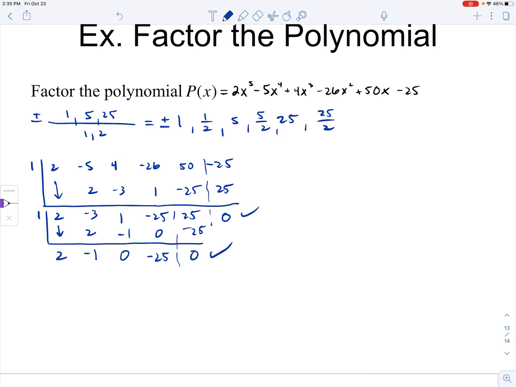And what do you know? 1 works again, meaning x minus 1 times x minus 1, or x minus 1 squared, is a factor of P of x. Okay. I'm going to next check 5/2.